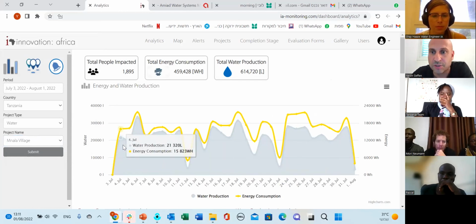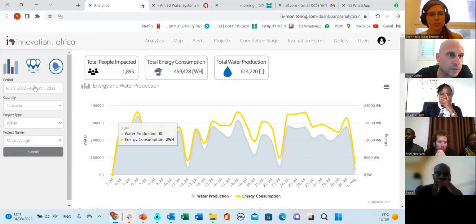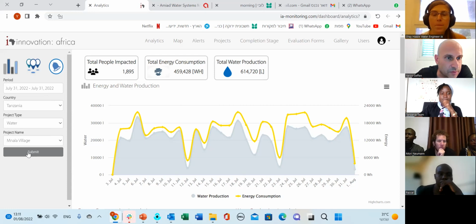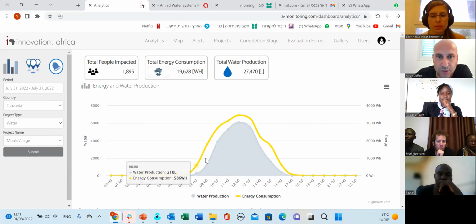This is another project. You can see how much water we supplied during the last month. And if we want to see like today or yesterday or any other range of dates, we can choose it from here. If we choose like a daily view, we can see how much we supply every hour.